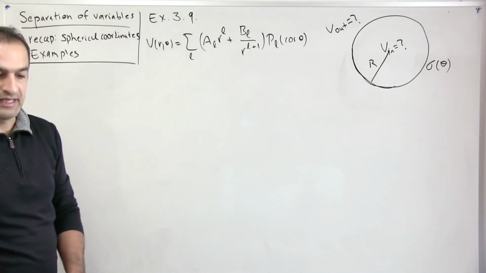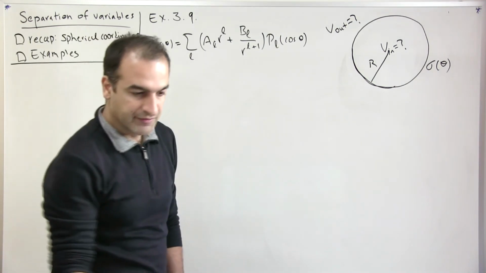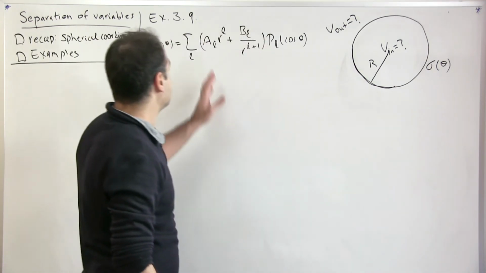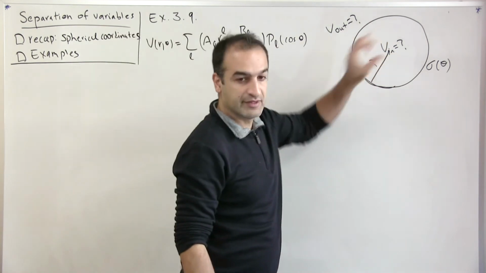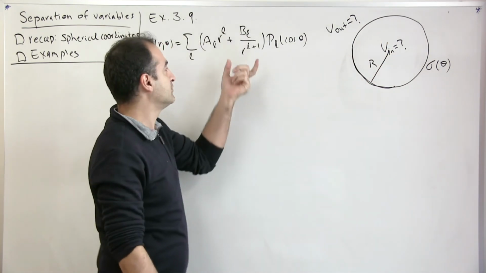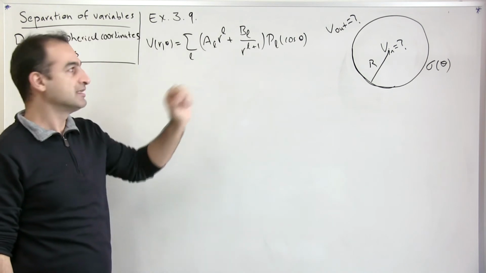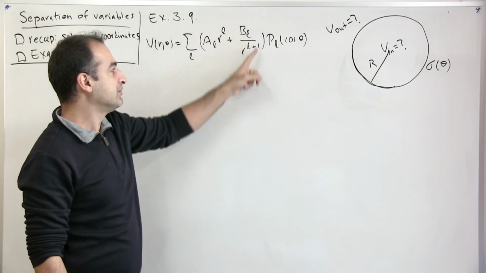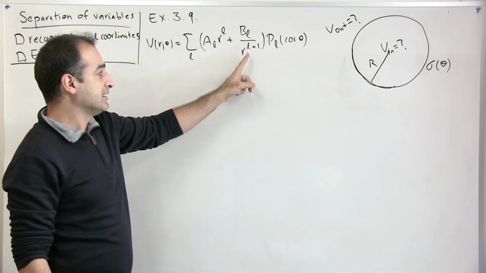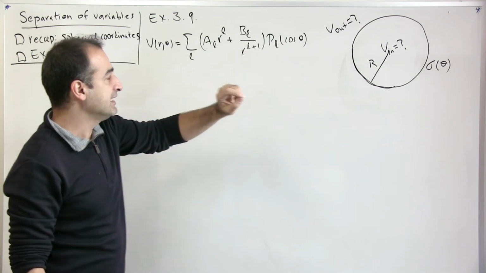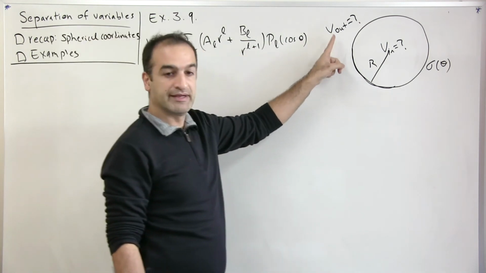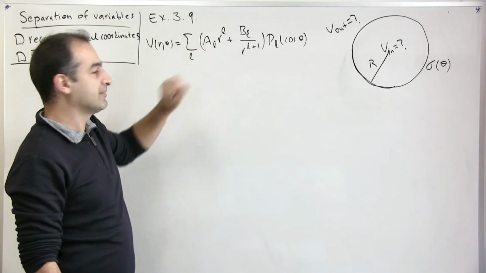In all the examples we did before, when looking inside, where R goes to 0, we drop the B_L terms because we don't want the potential to blow up in the middle of the sphere. And for cases looking outside where R goes to infinity, we drop the second.